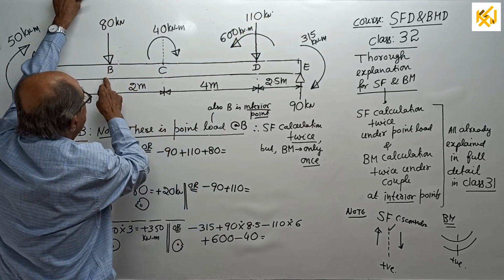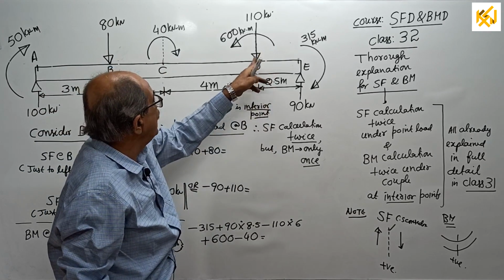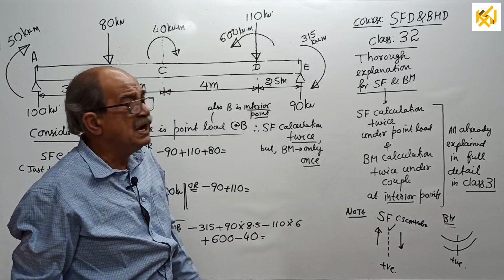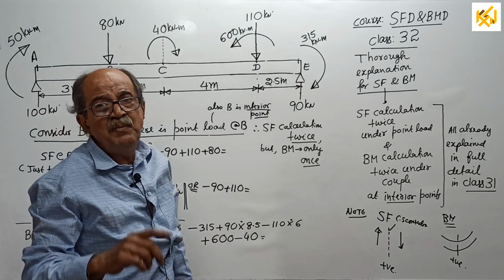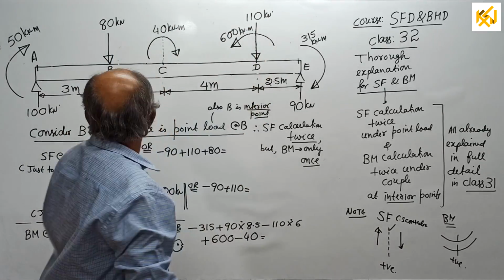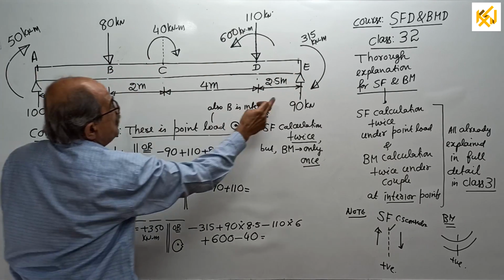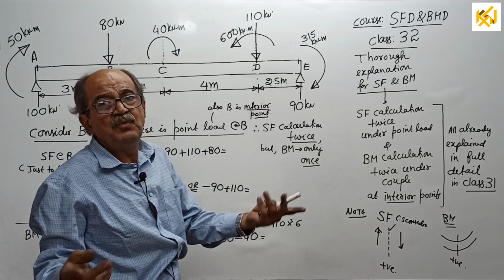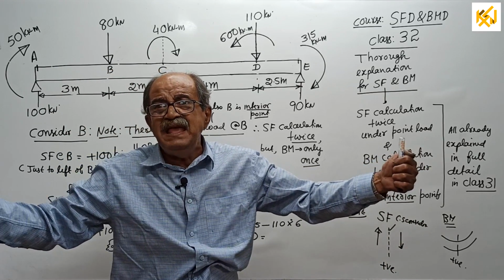And again remember, B, C, D are all interior points. Therefore, shear force is twice because of the point load and bending moment is twice because of the couple. At A and E, point loads and couples are there, still only one calculation because extreme ends come slightly inside.